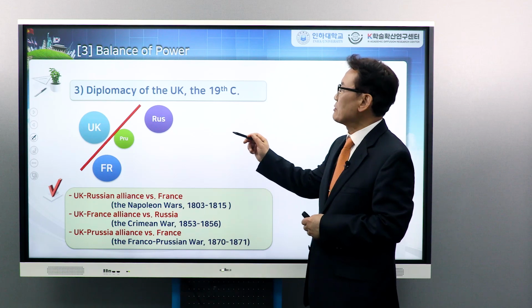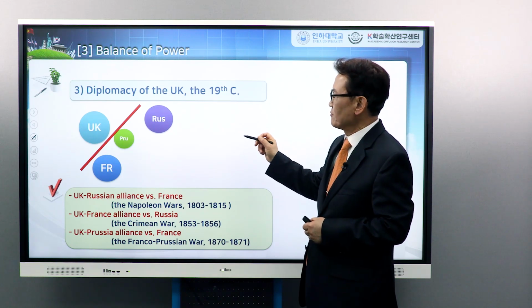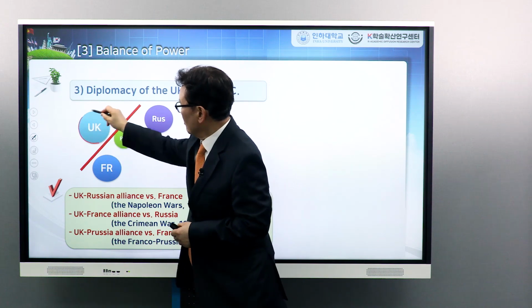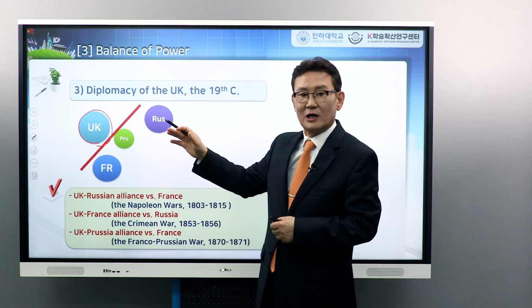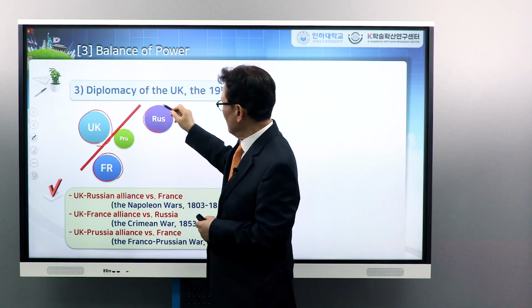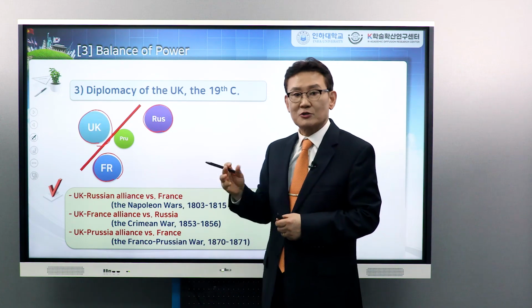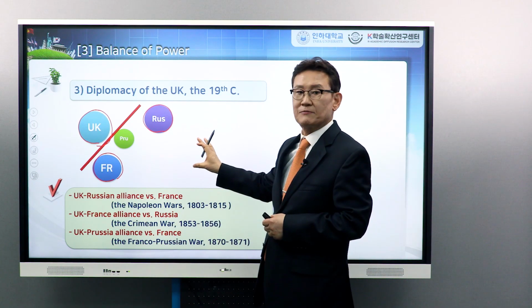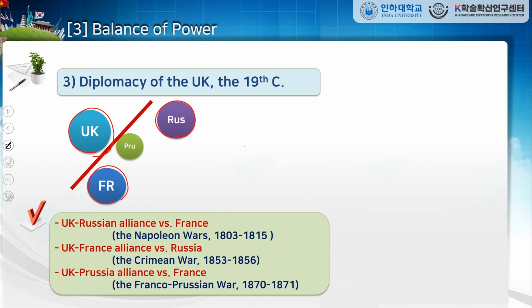So in order to explain the UK diplomacy in the 19th century, the theory of balance of power was created. Let me explain the diplomacy of the UK in the 19th century. There's the UK, the most developed after industrialization, and France with Napoleon, and Russia. Traditionally, France and Russia were the most powerful countries in the European continent. When Napoleon started the Napoleonic Wars, the UK made an alliance with Russia in order to defeat Napoleon's France, and defeated the French.